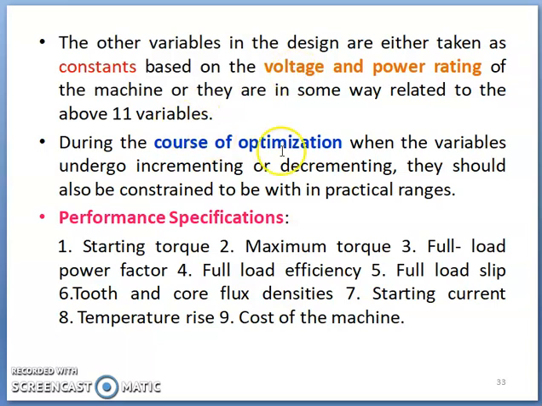And during the course of optimization, when the variables undergo incrementing or decrementing, they should also be constrained to be within practical ranges.